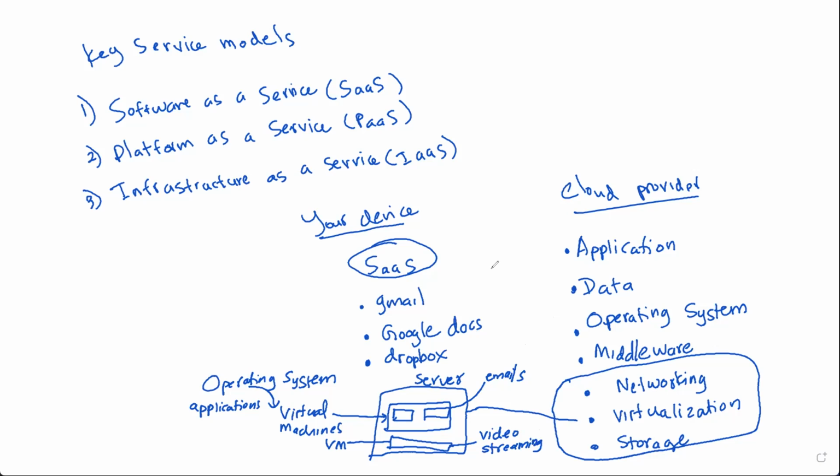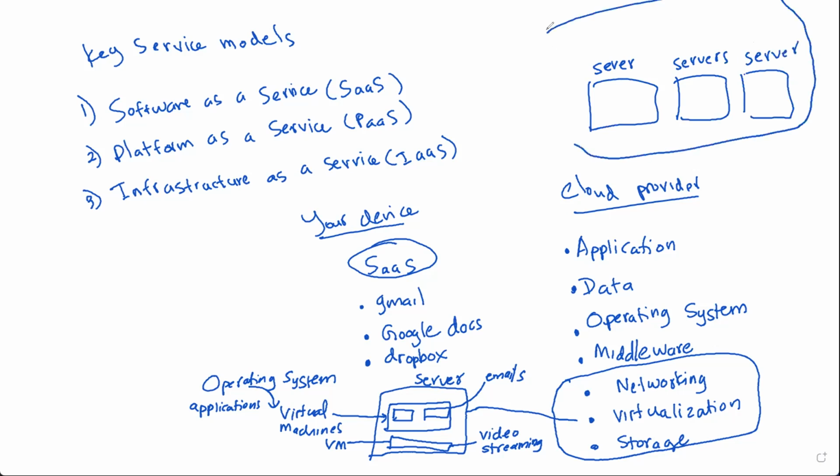The cloud provider has multiple servers like this, and the data center consists of multiple servers. Therefore, the data center can manage a lot of applications at the same time. There are a lot of customers accessing the data center, and it has enough resources to run the applications simultaneously and give services to multiple users at the same time.